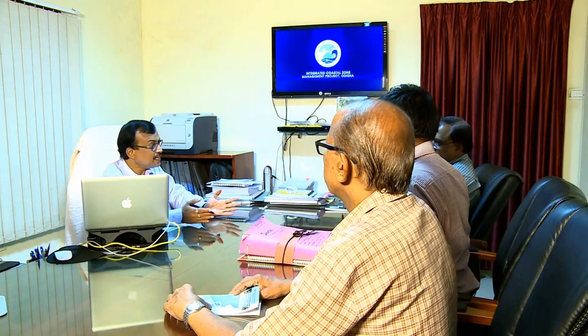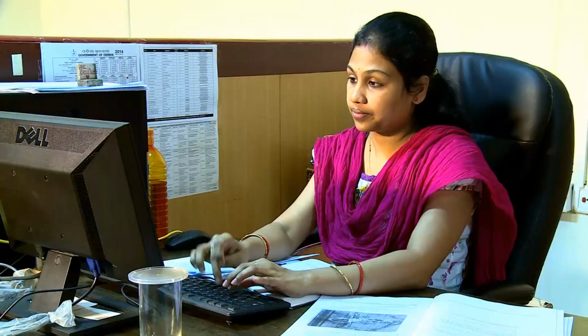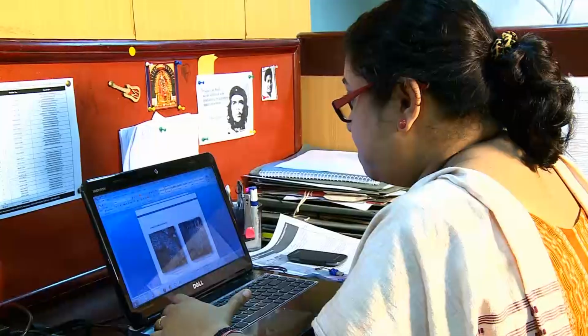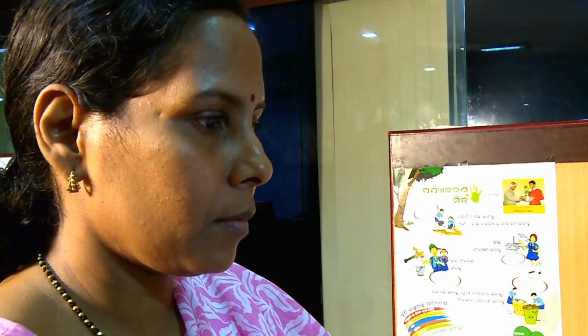In Odisha, the ICZM project was conceived with a very clear set of objectives aimed to facilitate the development and implementation of an integrated management strategy for the coastal zone by adopting a broad perspective and a multi-sectoral approach.